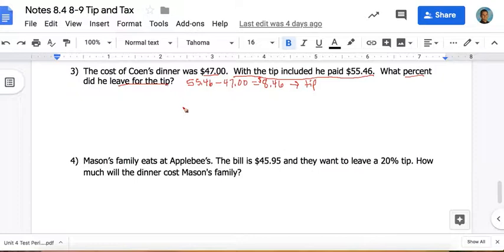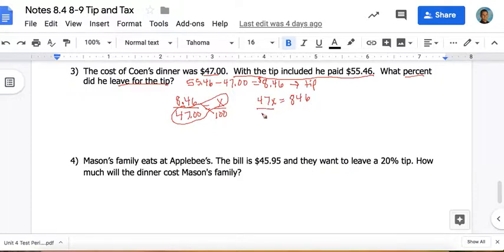So now I can take part over whole equals percent over 100. So I'm going to take the tip is the part. The cost of the meal is $47. And I'm going to say X over 100 because I want to know the percent. So 47 times X is 47X, and 846 times 100 is 846.